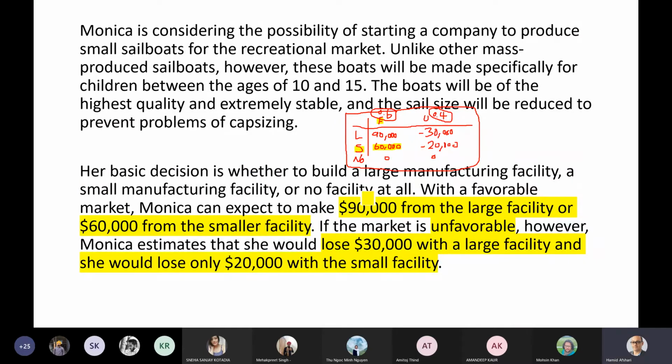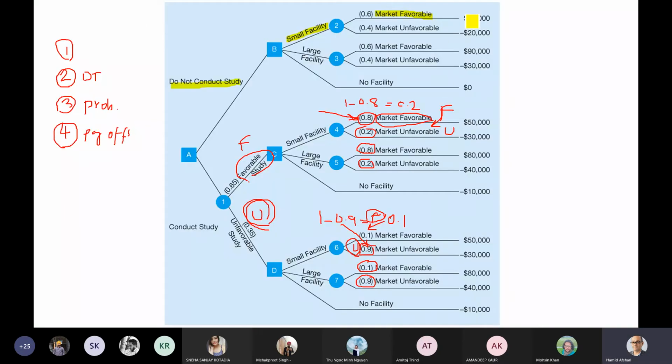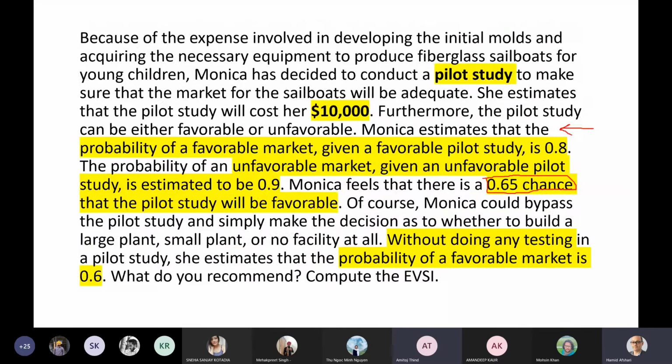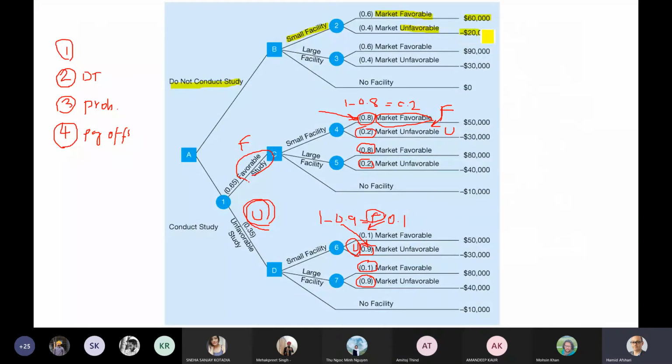Clear for everyone? 60,000. So here I'm going to write 60,000. If the market is unfavorable and I am in a small facility, how much should I pay? Minus 20,000. That's right, minus 20,000. The same for the rest of them.